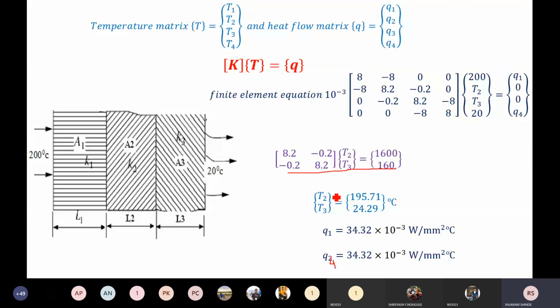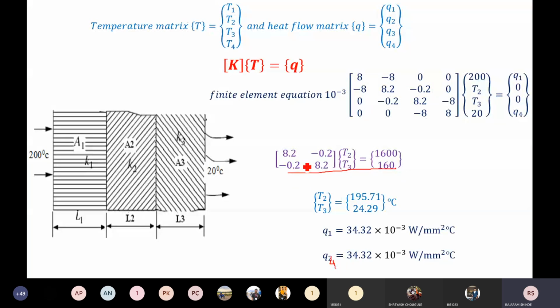Now you see this one: 8.2 T2 minus 0.2 T3 is equal to 1600. Minus 0.2 T2 plus 8.2 T3 is equal to 160.